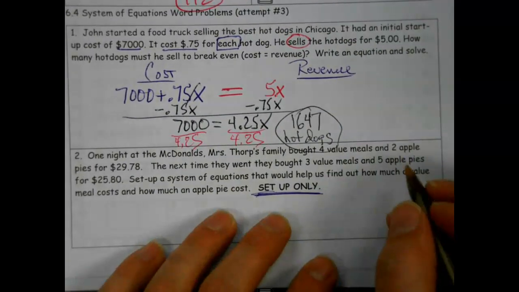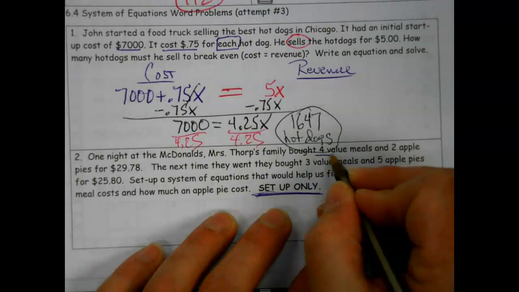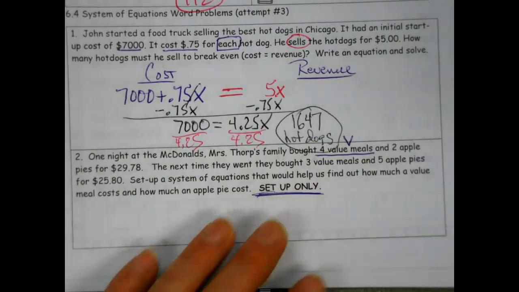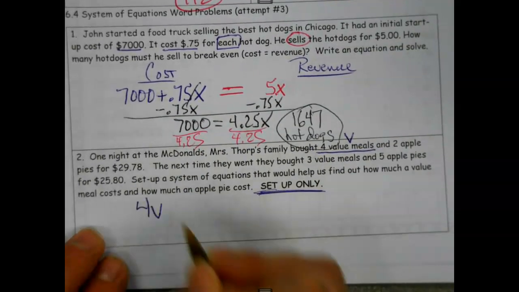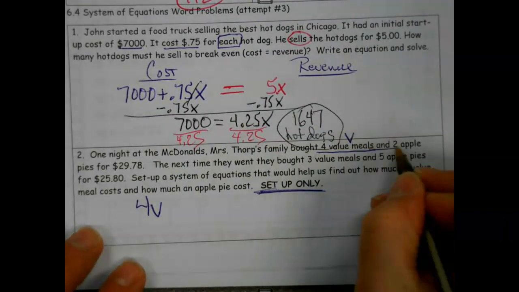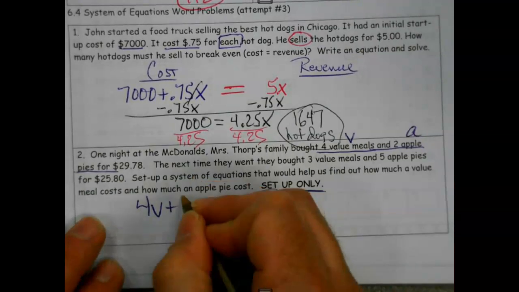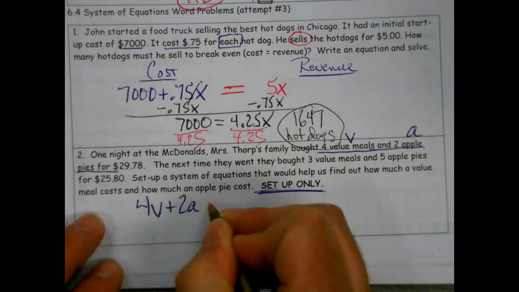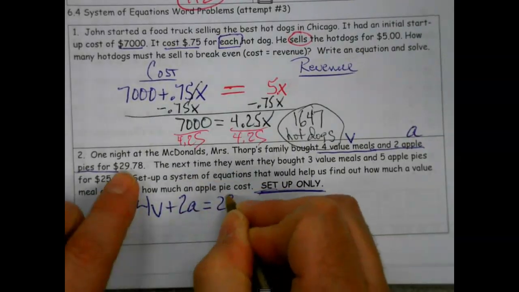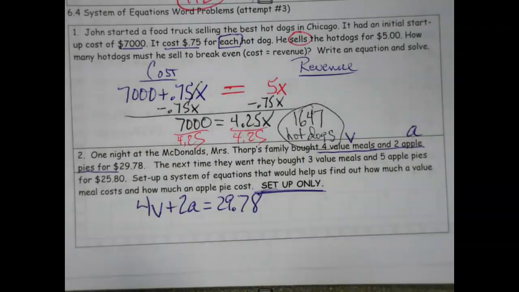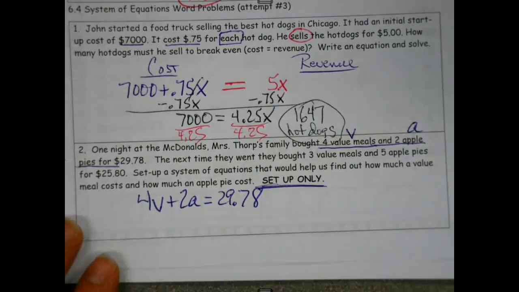So I am going to make value meals be V. So I've got 4V. And 2 apple pies, I'm going to make my apple pies A, is going to cost me $29.78. You could use X and Y. I don't care what variables you use.